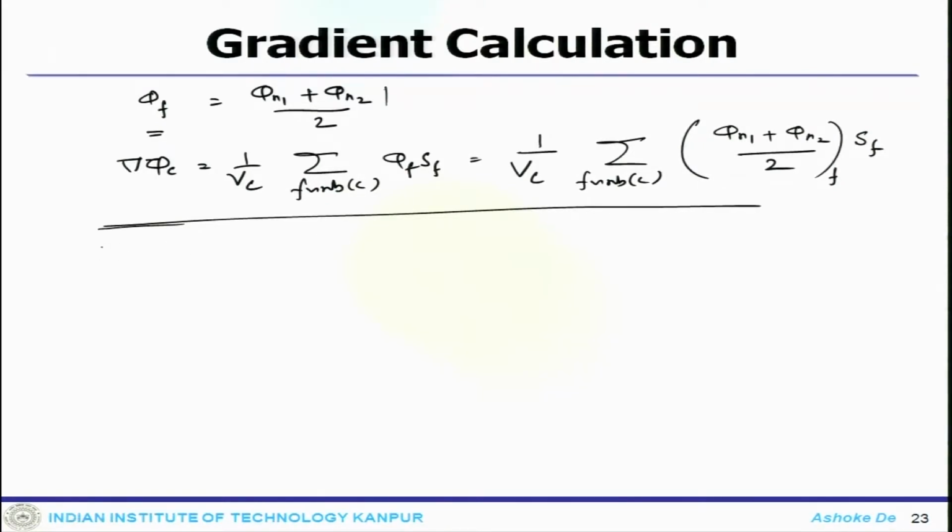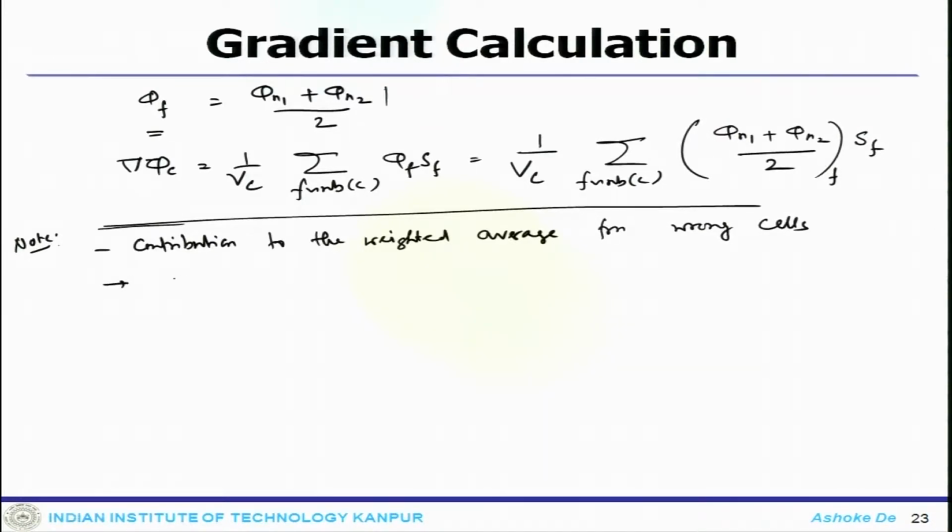So essentially, you can note there could be contribution to the weighted average from wrong cells. That is possible. If that happens, it can be overcome by upwind biased gradient calculation.